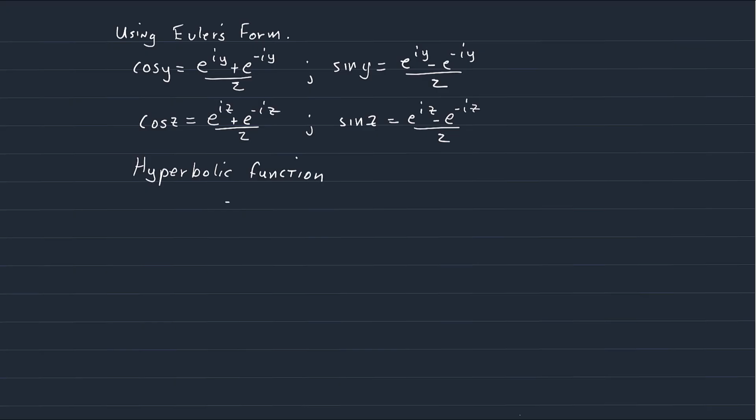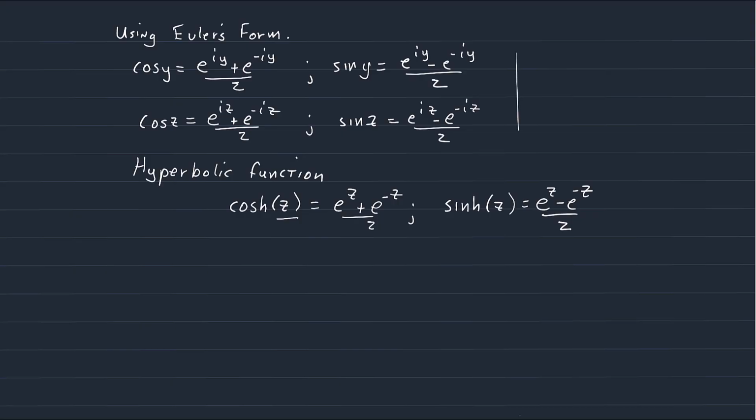We saw that, for example, the hyperbolic cosine of a general imaginary number z is equal to e to the z plus e to the minus z over 2, and the hyperbolic sine of z is equal to e to the z minus e to the minus z over 2. I hope you'll see that these relations are rather similar between the sine and hyperbolic functions. I'd just like to point out that similarity.